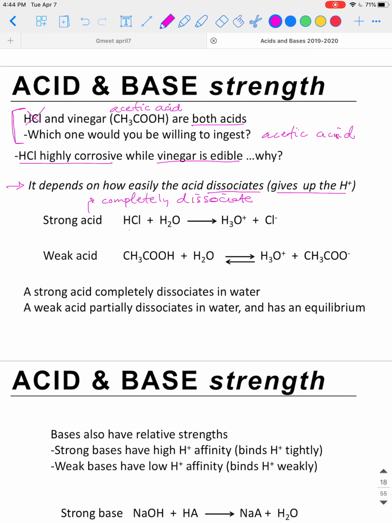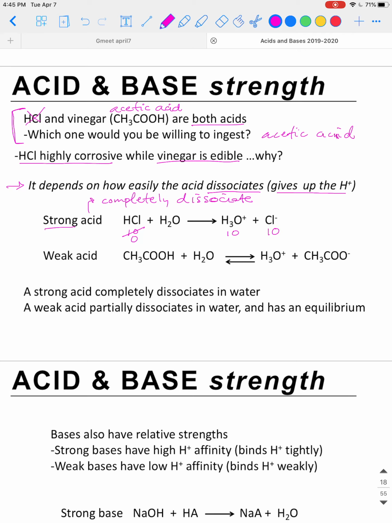So if we had 10 molecules of HCl to start out with, and it dissolves into water, an aqueous solution, what we will end up with is 10 molecules of the hydronium ion and 10 molecules of the chloride ion, and we would have 0 HCl left over, okay? Because every single molecule of HCl would disassociate. That's what we mean when we say it completely disassociates. That's a strong acid, okay?